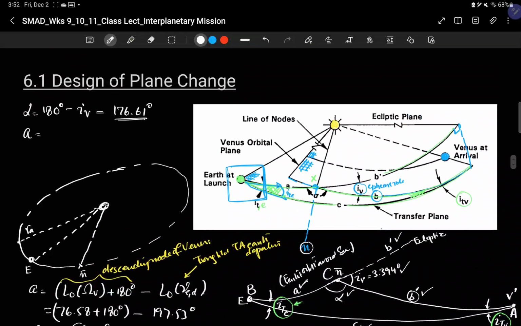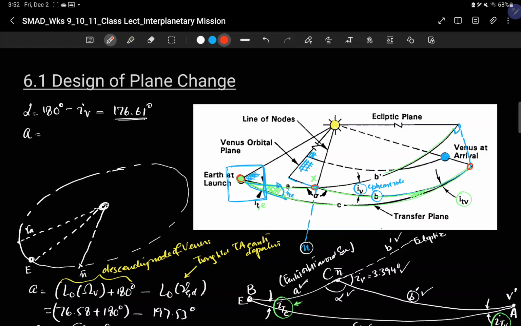Yes, this one. I am going to draw the triangle which we used last time, calculating from the Earth launch, from the Earth end. That was one corner. The other was the projected corner of Venus, and then there was a node, the ascending node, where the ecliptic was crossed by the projected Venus orbit.